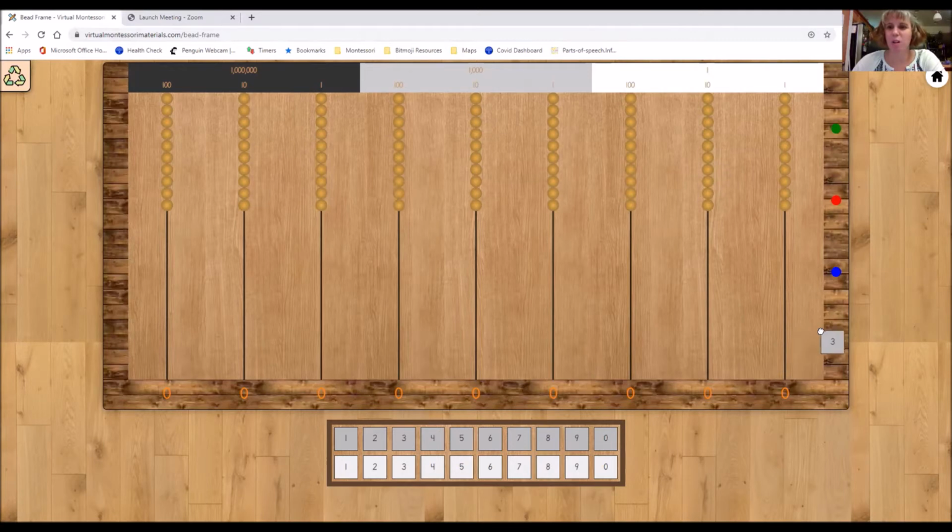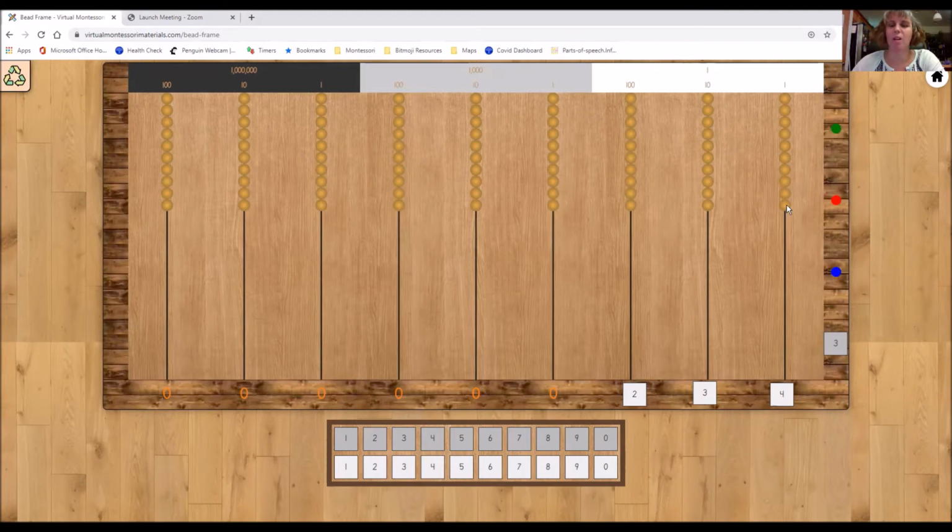I'm going to put 3 as our multiplier, and I'm going to multiply 4, 3, 2. Okay, 234 times 3. Now, we're multiplying this first one, a unit times a unit.